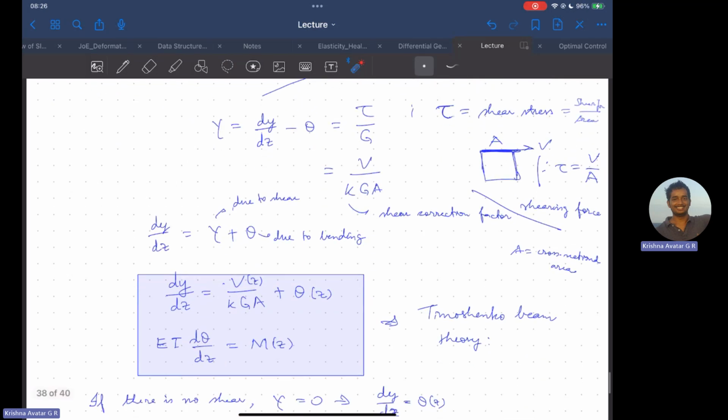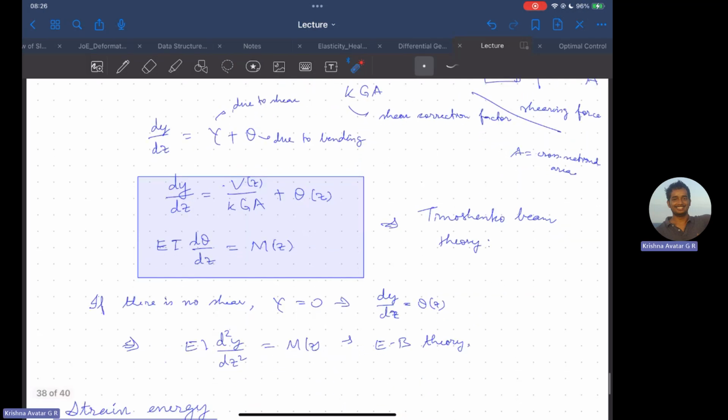Okay. So now we have dy by dz is equal to gamma plus theta. Gamma is solely because of shear, and theta is due to the bending. Then in this case the bending moment is equal to EI d theta by dz, right? So we are looking at the rate of turning of the normal to the cross sections, and that gives us the Timoshenko beam.